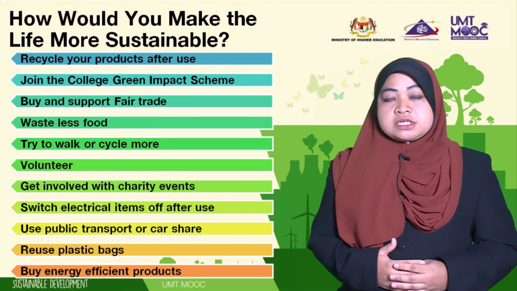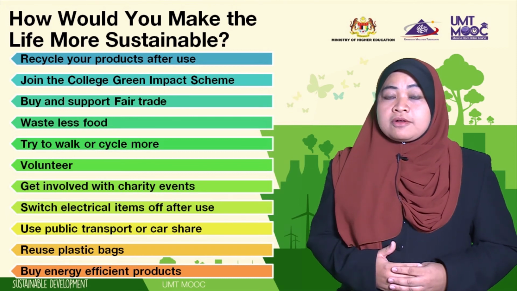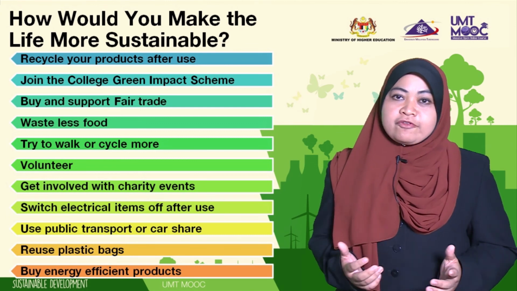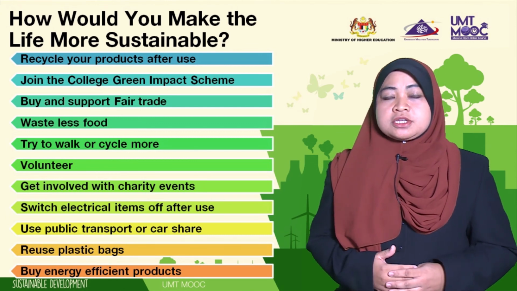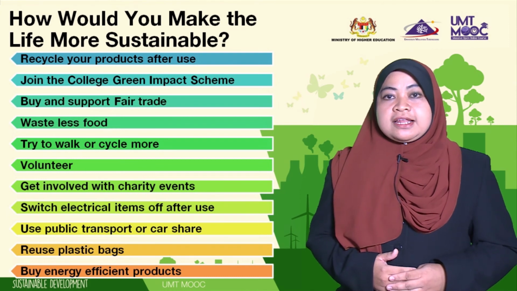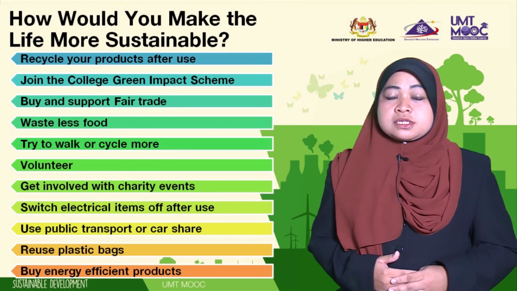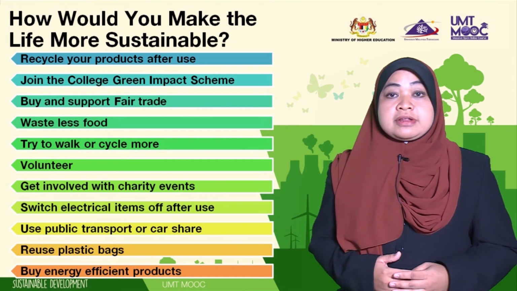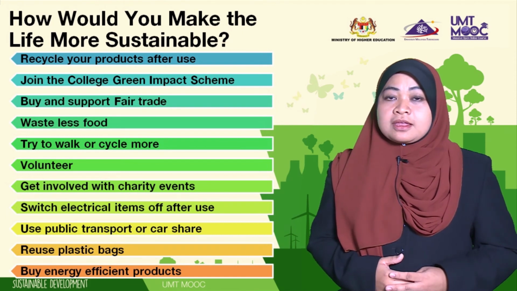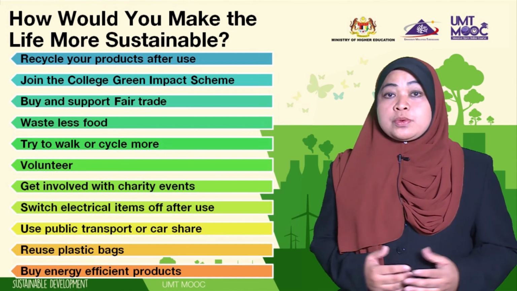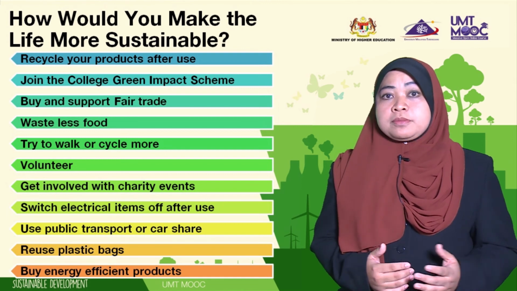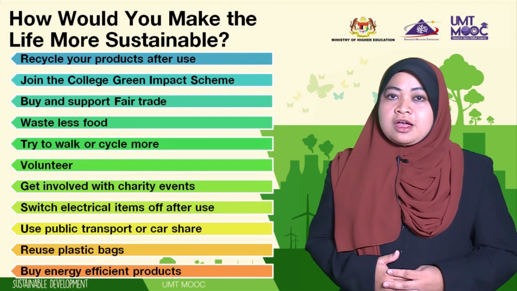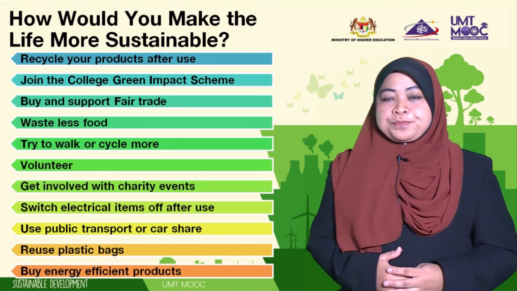Try to walk or cycle more. Volunteer in any environmental program. Get involved with charity events at the college. Switch electrical items off after use. Use public transport or share a car to minimize the release of air pollutants. Reuse plastic bags, as nowadays there are many shops that provide biodegradable shopping bags, or use your own bag while you shop. And lastly, buy energy efficient products.